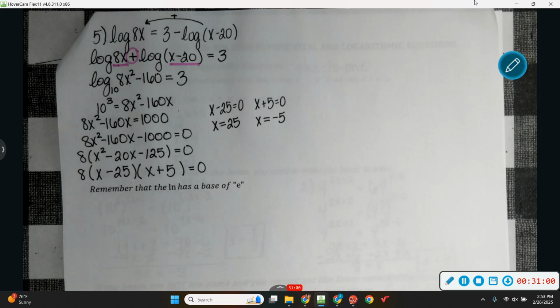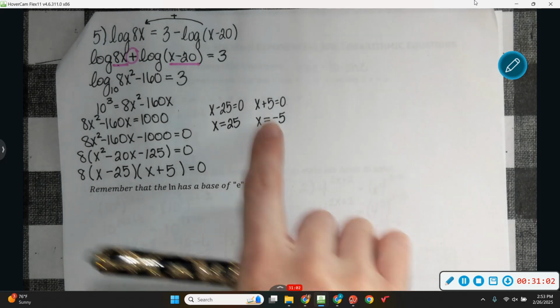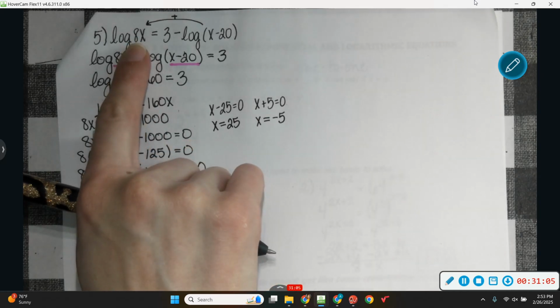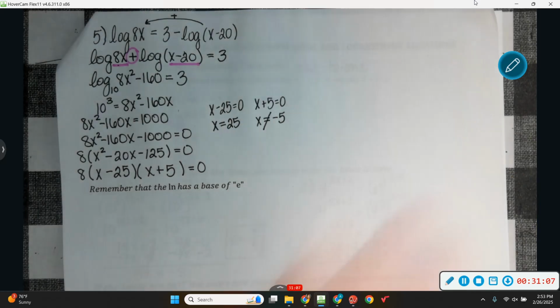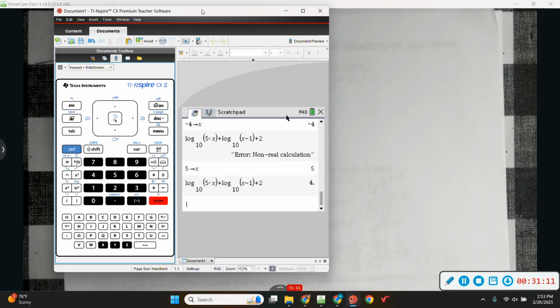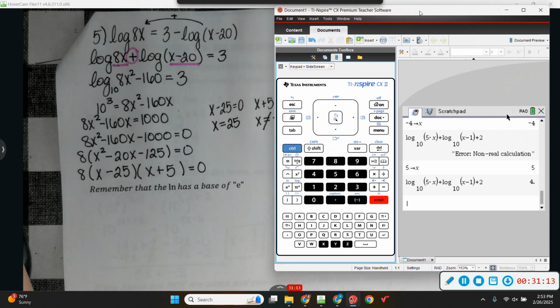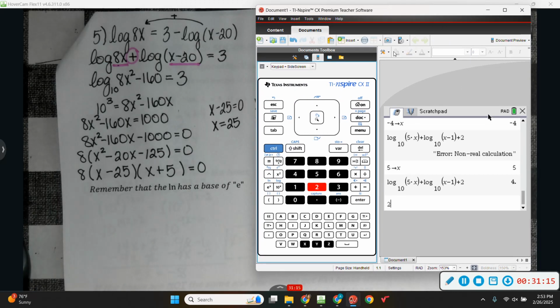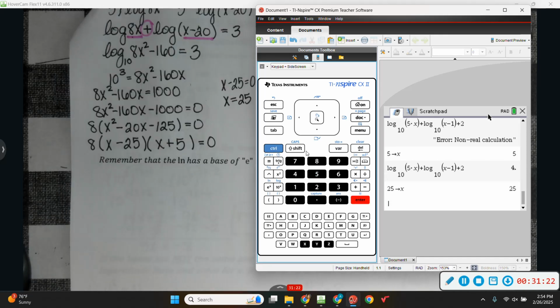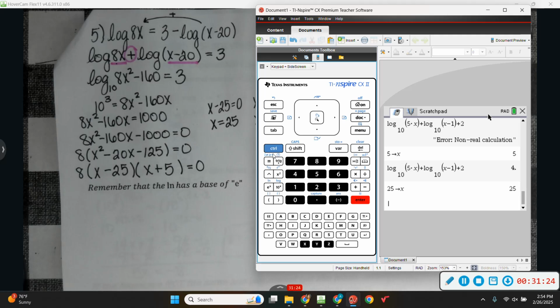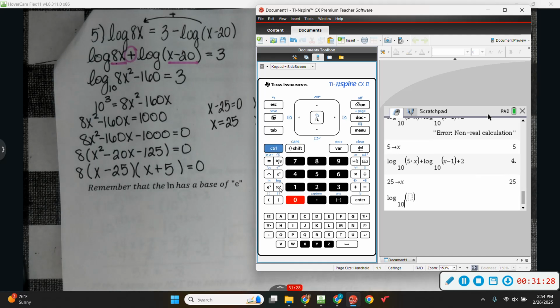So again, I already know if I plug in this negative to 8x, I'm going to get a negative 40. I know that's extraneous. So if I'm thinking of it that way, then I can already assume that's extraneous, and I just have to check 25, store for x, and I do my original equation where I have log, I'm going to type the 10, of 8x.